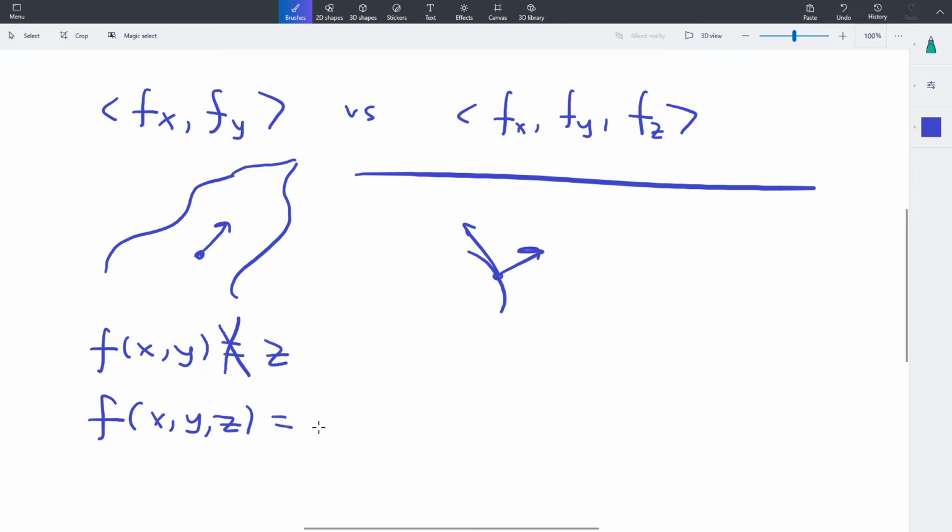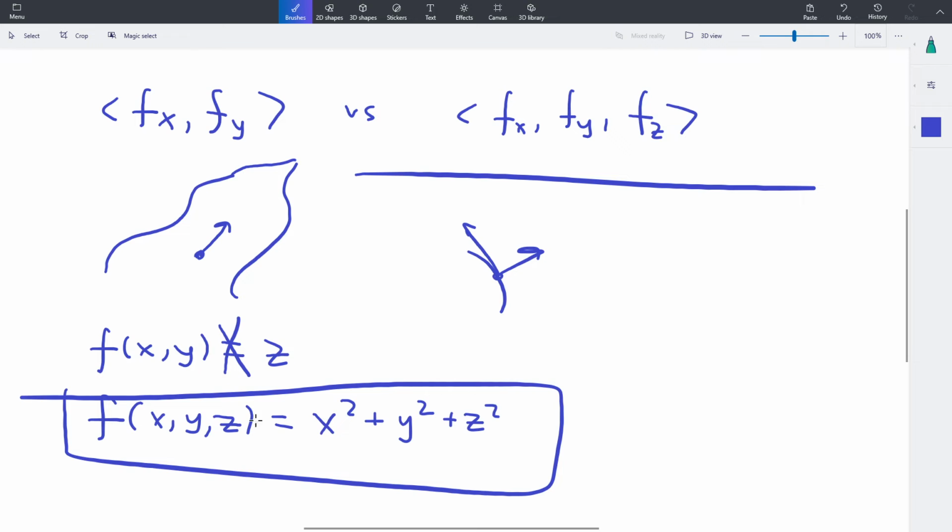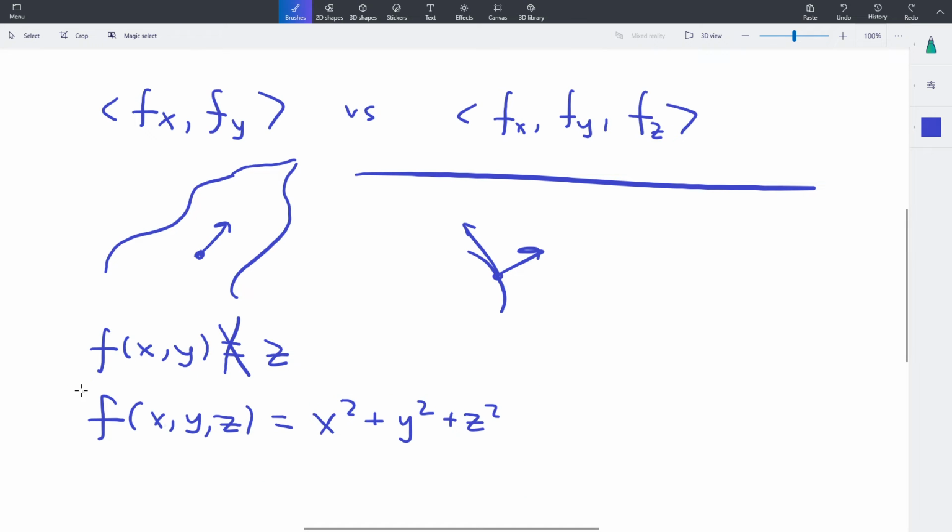So for the example of that hemisphere we had, we would have to draw it as a full sphere. Let's say it were equal to x squared plus y squared plus z squared. Now, this is the function here, and this is the output. The output is the sum of all of these squares.